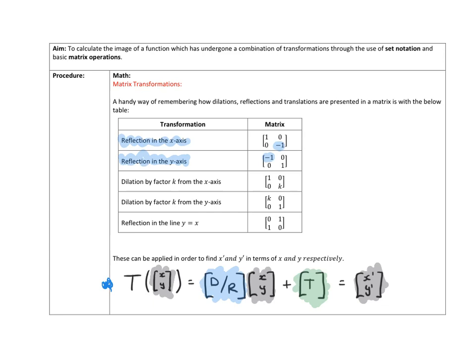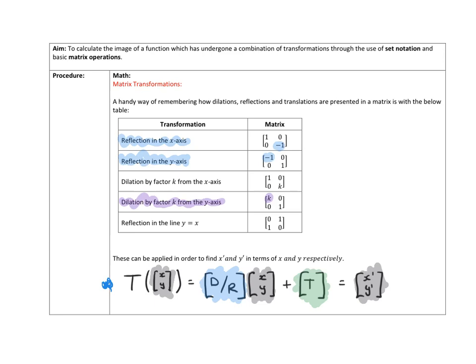Now the really good thing about a dilation matrix is that we can see down the bottom here, dilation by factor k from the y-axis. And the good news here is that we don't have to think about doing 1 on k, or as we've been using the notation, 1 on n. Here, if we see a number, then we literally refer to that number as a dilation of that factor from the y-axis.